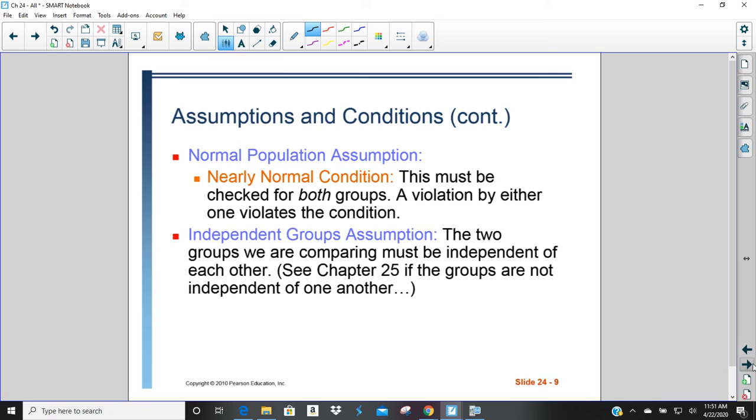That's a before and after. That is not going to be independent. I'm the same person, just with different time frames. So that's a super important thing. You have to make sure that they're independent. As soon as you see they're not independent, before and after, you know that this is not what you're going to do. You're going to do something different, which we're going to talk about in chapter 25.